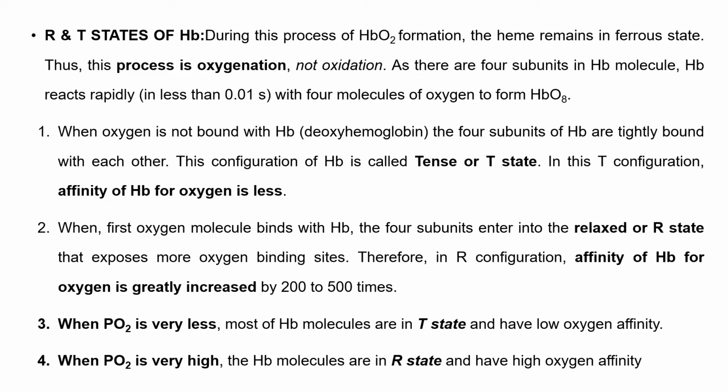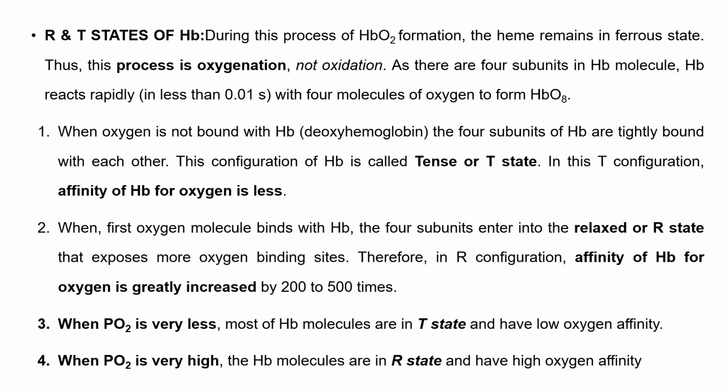When the first oxygen molecule binds with hemoglobin, the 4 subunits enter into the relaxed or R state. This exposes more oxygen binding sites. Therefore, in R configuration, the affinity of hemoglobin for oxygen is greatly increased by 200 to 500 times.